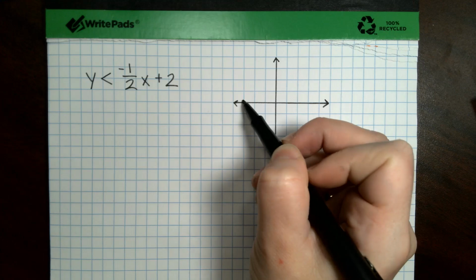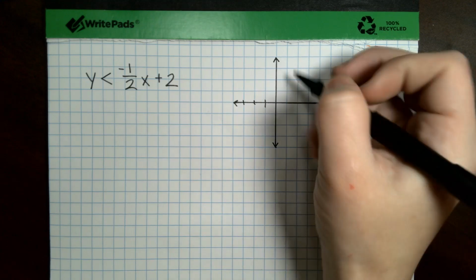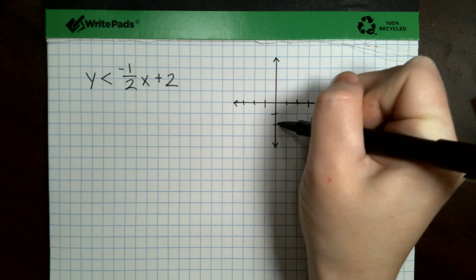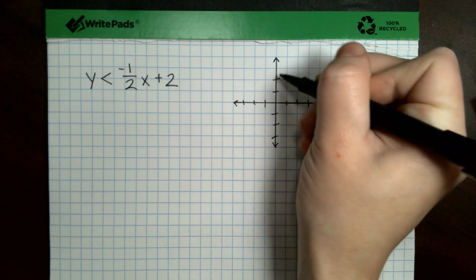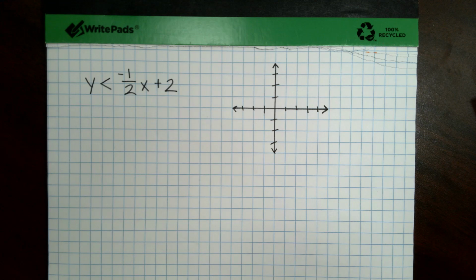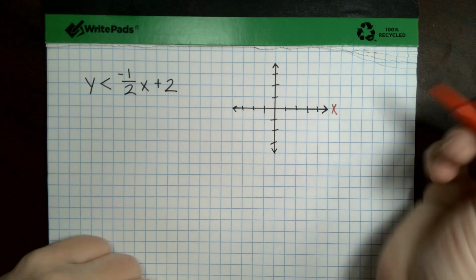I'm going to get my tick marks on there. And I'm going to label my x-axis and my y-axis. Always good to label everything. It helps you keep from getting those mixed up.